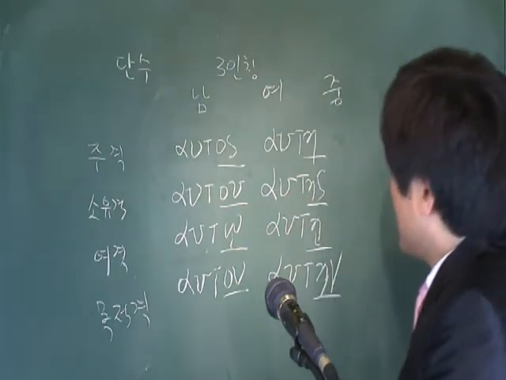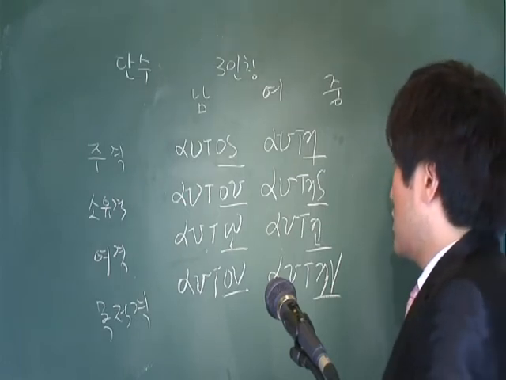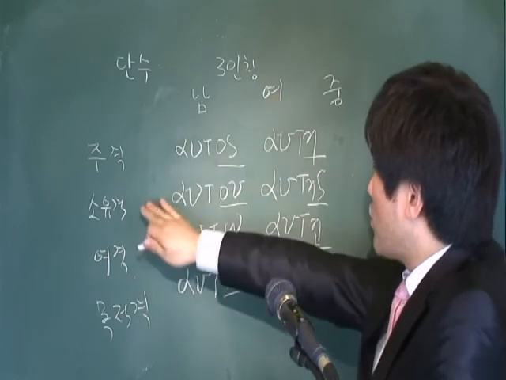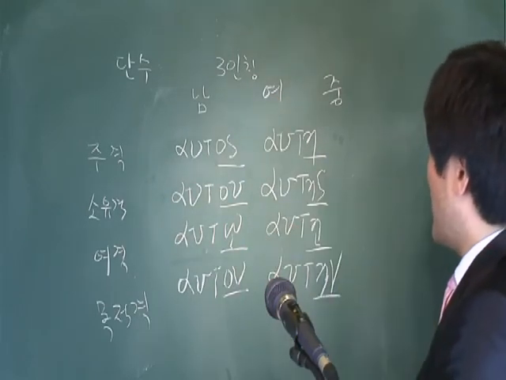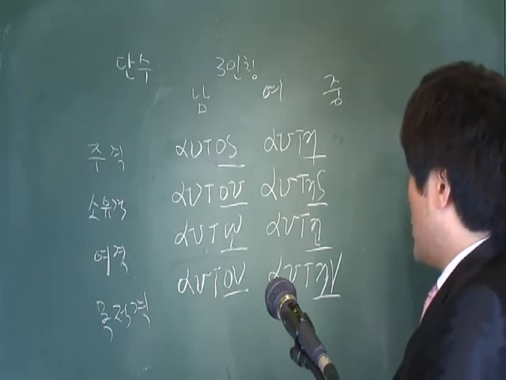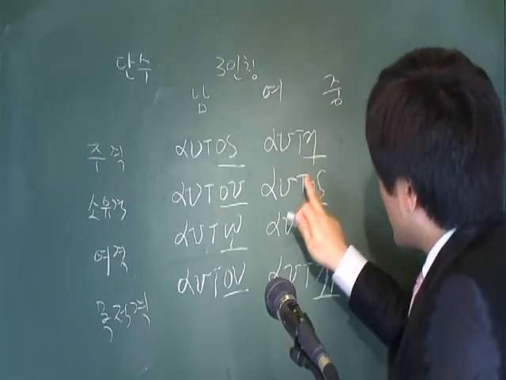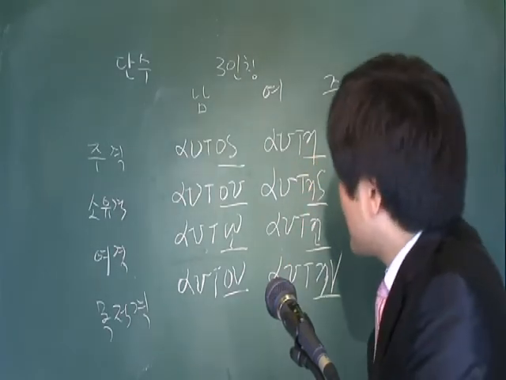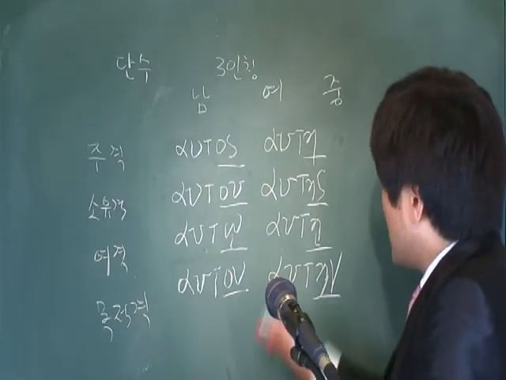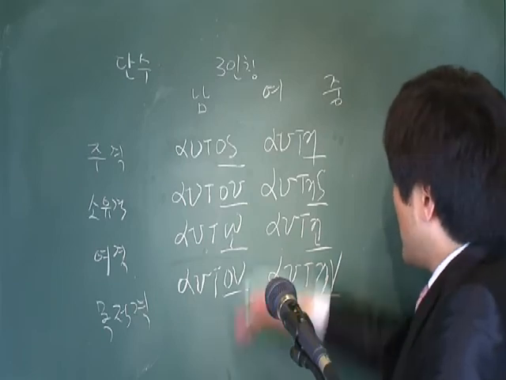Just like the third person singular, the third person plural also has three different forms: the masculine, the feminine, and the neuter. Like the singular, we will look at the word aut. We can add the plural personal endings to the word aut.